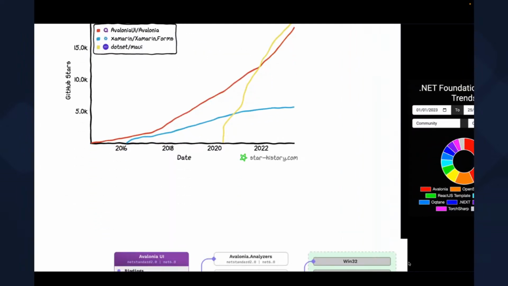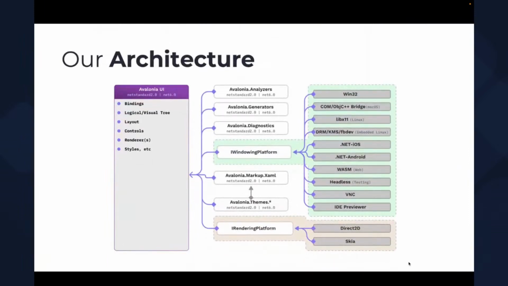Good. So let's talk about architecture and how we work. Why are we different? This is a diagram that I updated a couple of weeks ago for V11. The magic is really over here in this green section. It's the windowing platform. We don't use native controls. So like MAUI, you're asking for a button. On iOS, you get a UI button.